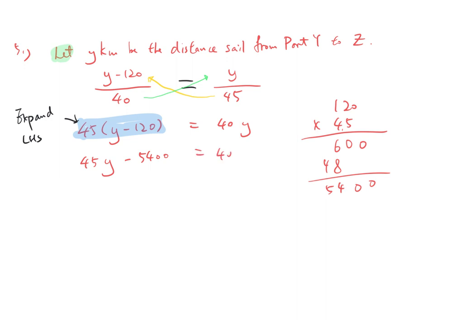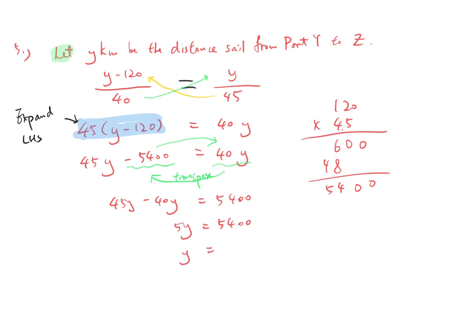So it is equal to 40y. Then we transpose the 5400 to the other side and transpose the 40y to the other side. So it becomes 45y minus 40y, so it is 5y equal to 5400. So finally we find that y is equal to 1080.